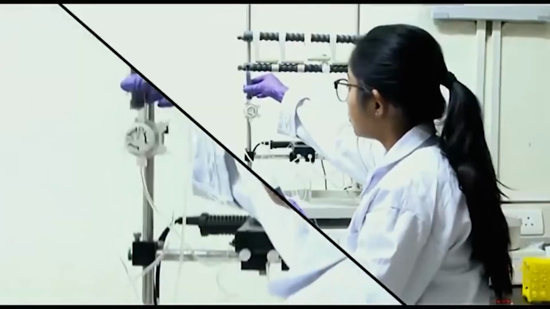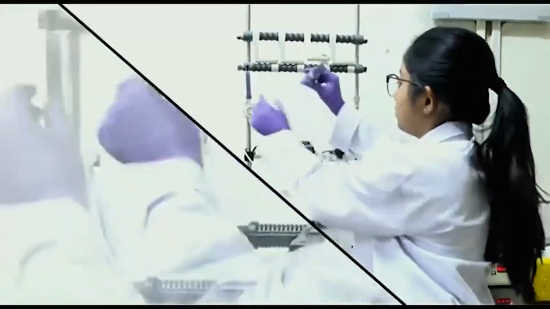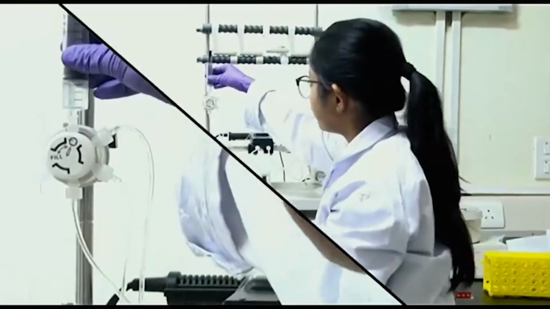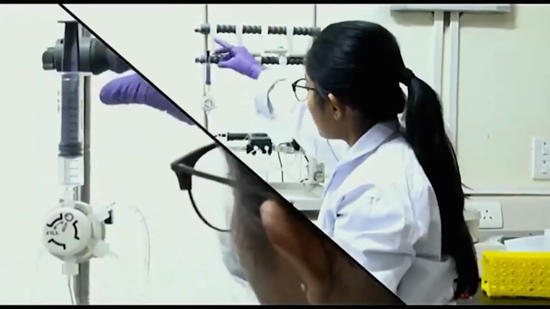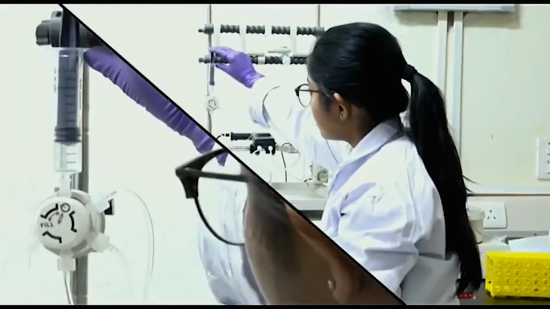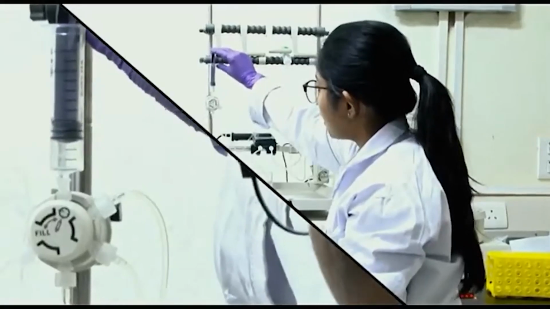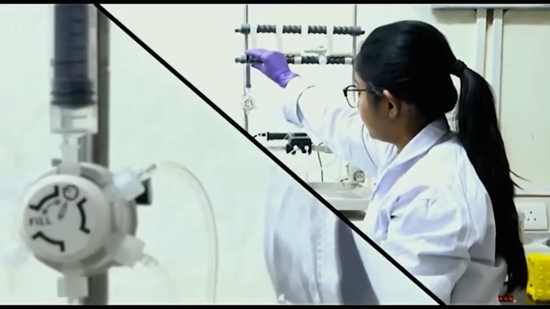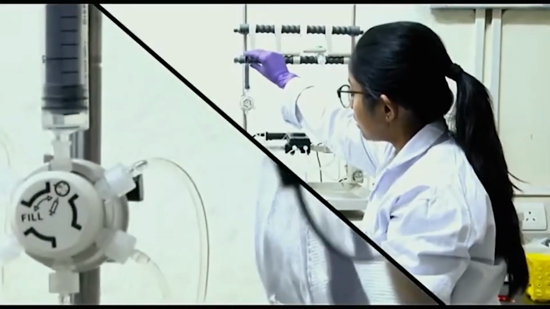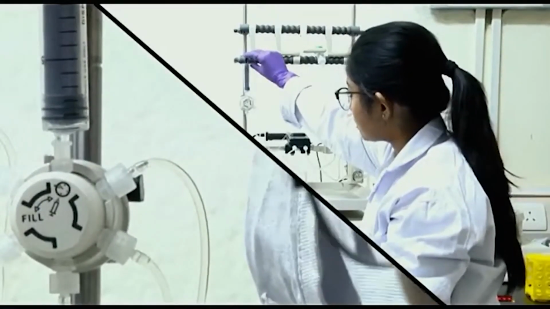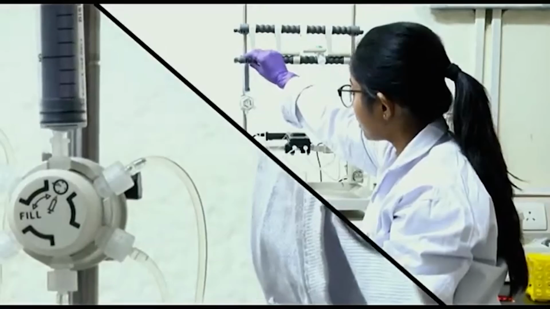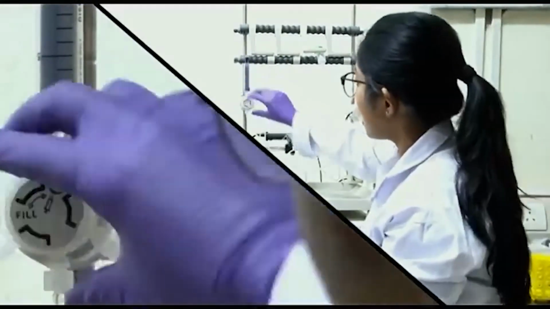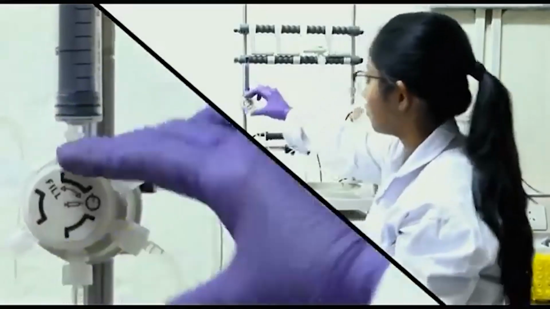So, I will remove this small syringe and then put my syringe here, and then carefully and slowly I will start injecting the sample. My sample is going into this sample loop, which is of 10 ml volume. When I am done with this injection, I will rotate this valve.